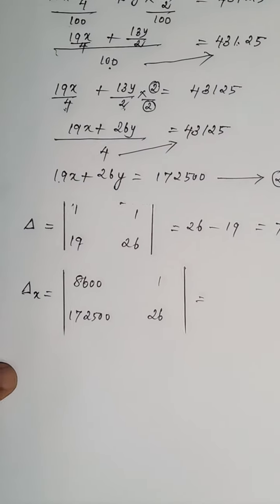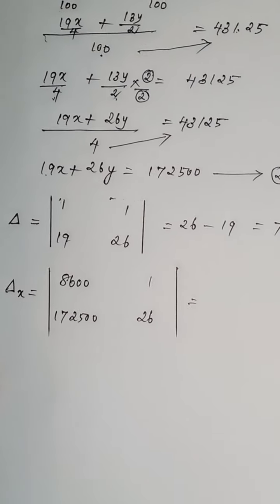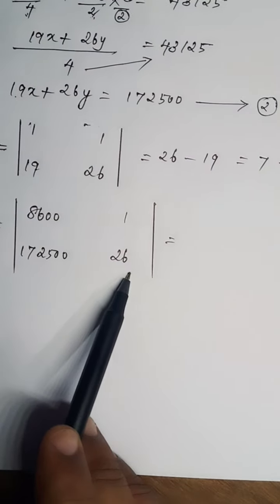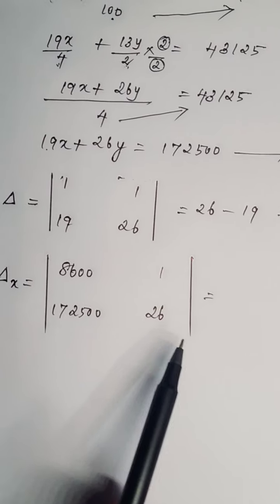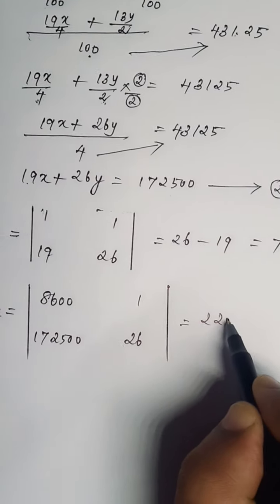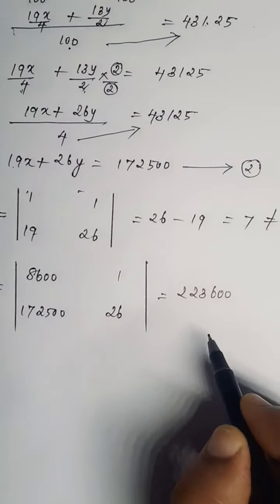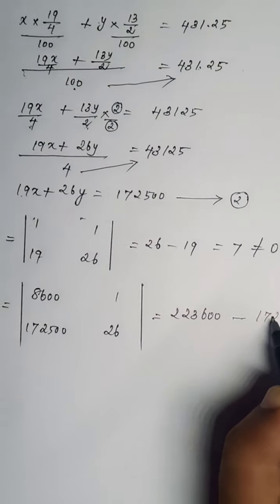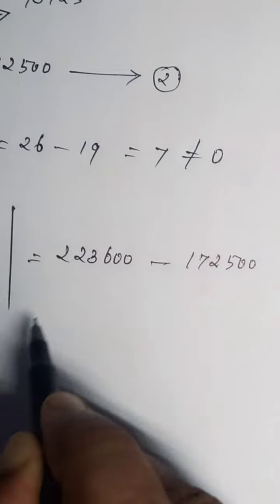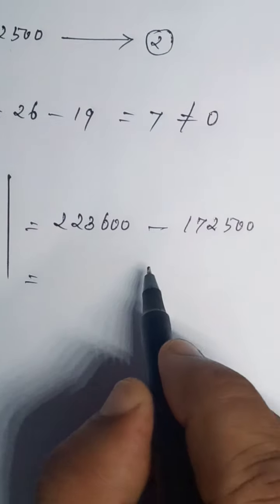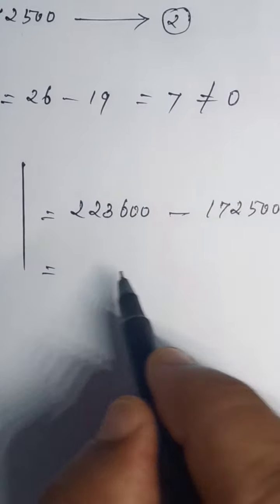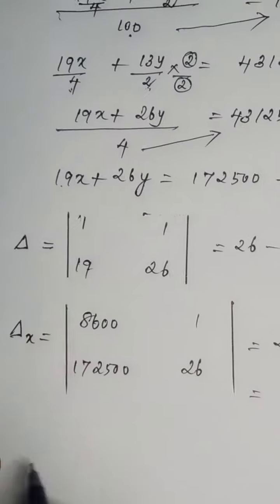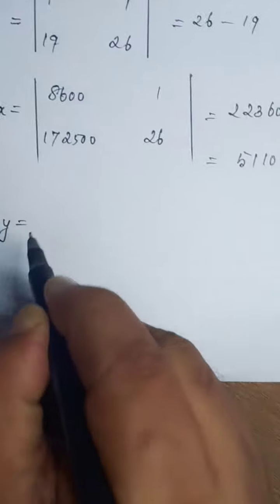You have to cross multiply. 8,600 into 26, that is equal to 2,23,600 minus, if you cross multiply, getting 1,72,500, that is equal to, if you subtract, you will be getting 51,100.